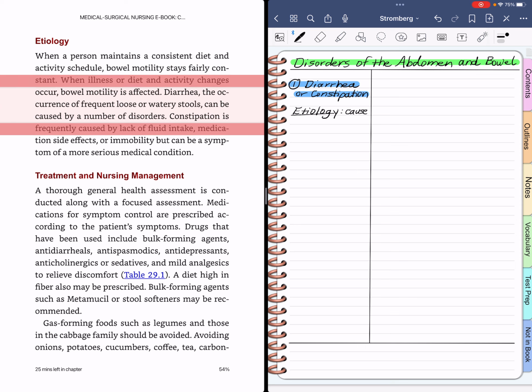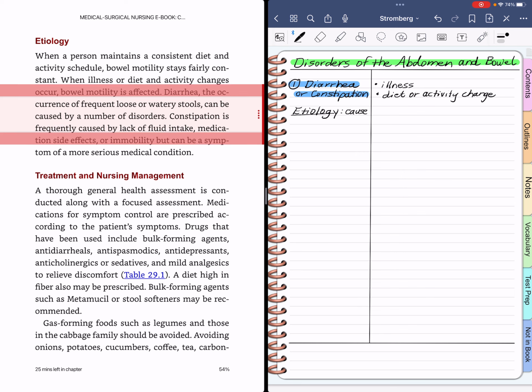Illness, diet, or activity change are both listed as causation factors for this condition, these conditions.